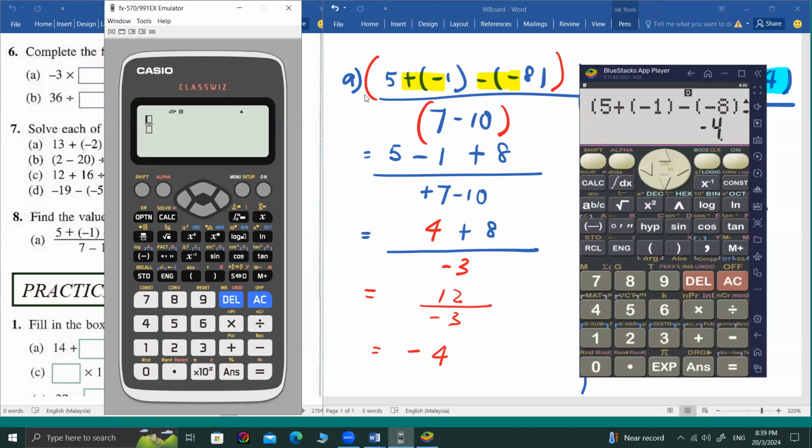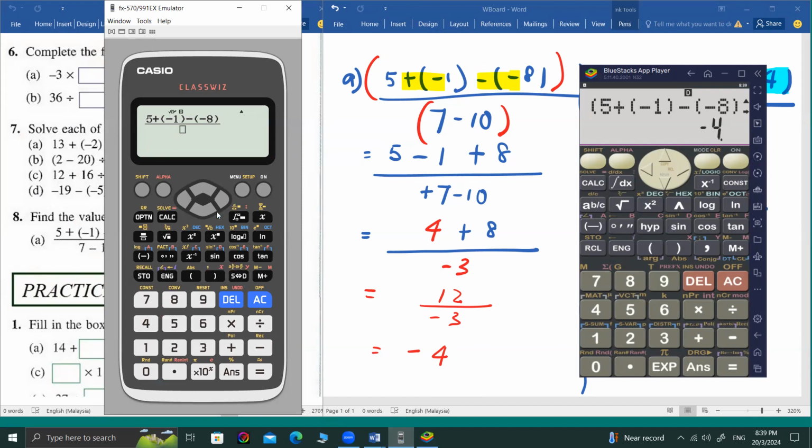So for those using a calculator, you can use the fraction key. If you are using this fraction one, you no need to put the big bracket, because it's already on top. Look, 5 plus -1 minus -8.